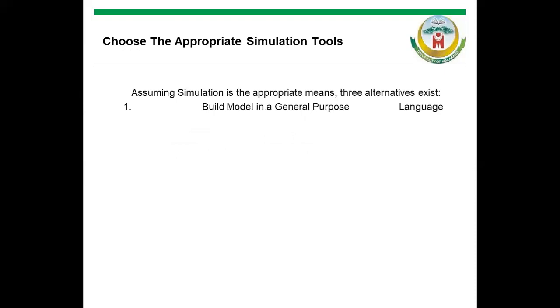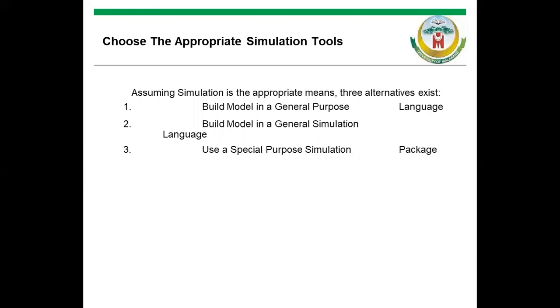First, build the model in a general purpose language. We can build this model using any general purpose language. We can also build the model in a general simulation language; simulation languages can be programming languages. And we can use special purpose simulation packages. These are also possible; there are specific packages used for specific simulation purposes.